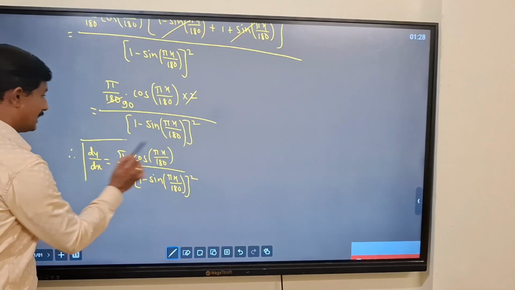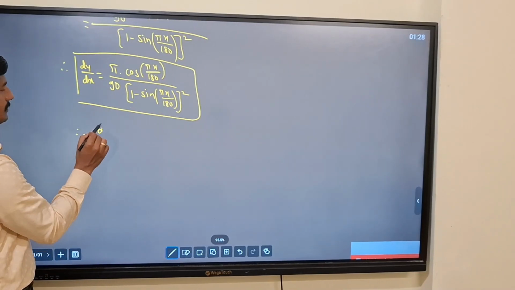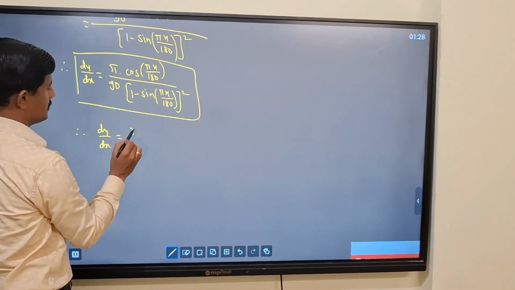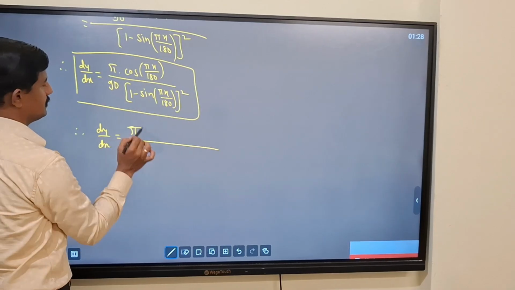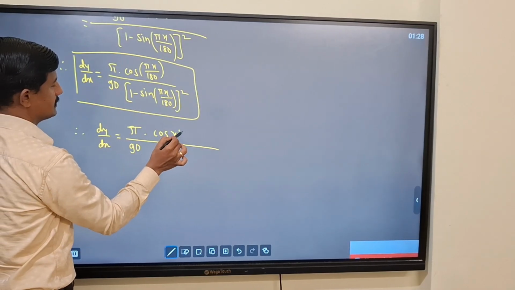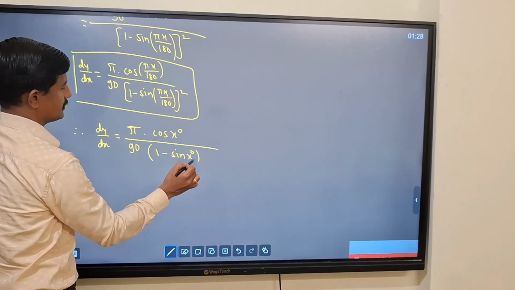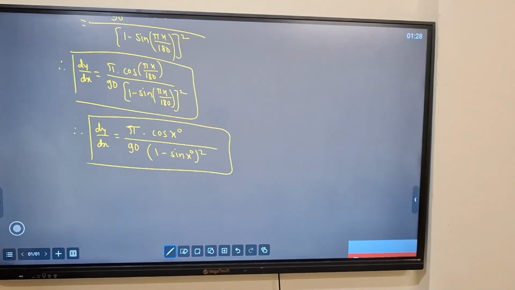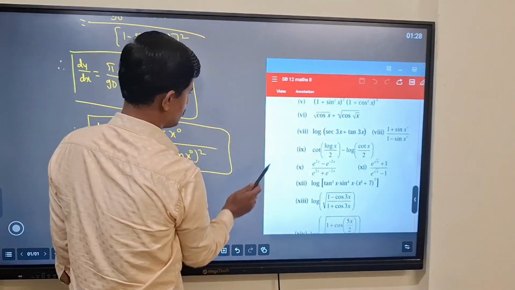This is in radian, and if you want to write it in degree, then the answer will become dy by dx is equal to pi by 90 as it is, into cos x degree upon 1 minus sine x degree whole square. You can write down any one. Okay. Now for next question.